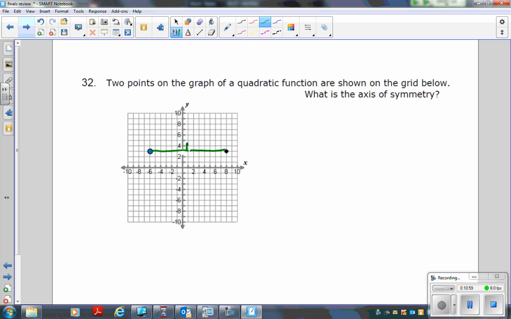This is the middle point right here. So if I'm drawing the axis of symmetry, I'll cross right there at an x value of 1. All I did is count the notches and find the middle point, and that's what I do with the axis of symmetry, because the axis of symmetry always cuts it in half.